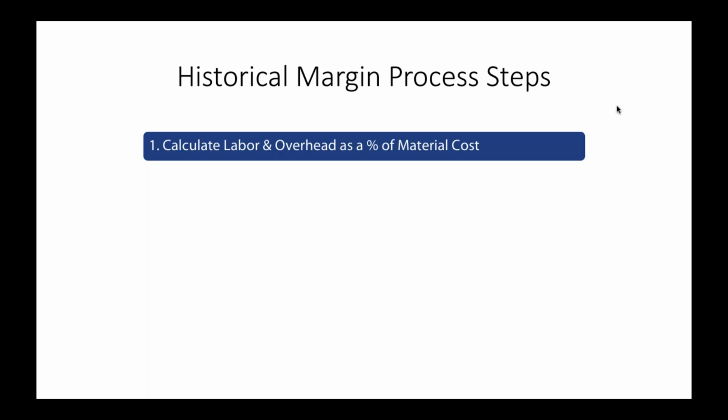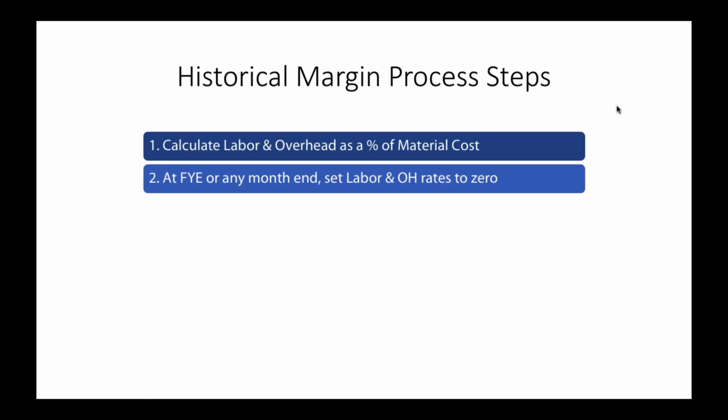So this process has 4 steps. To maintain historical margins, what we need to understand in the standard costing system is what percentage of material cost is labor and overhead. Then we set our labor and overhead rates to 0 at any month end when we wanted to make this change in valuation.